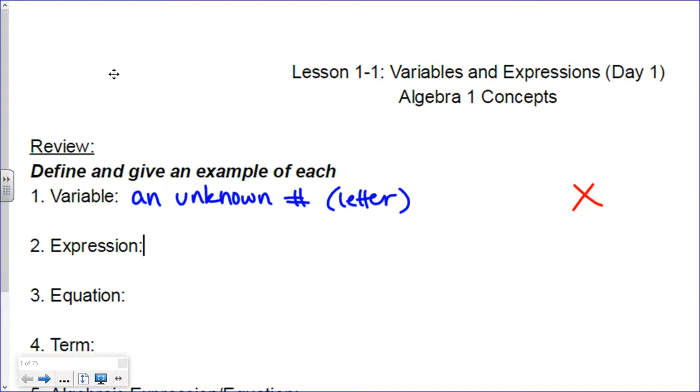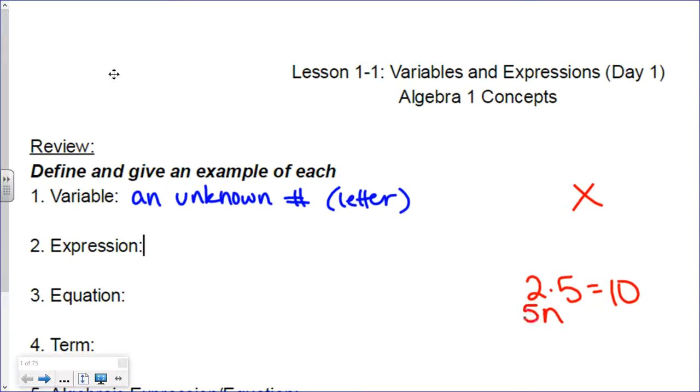Speak up. Well, why? Don't be afraid to be wrong. Correct. So that's an equation. Could you make one with a variable in it for me just to give us another one?